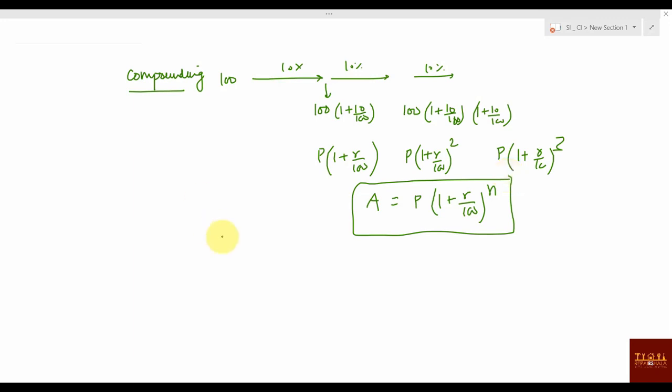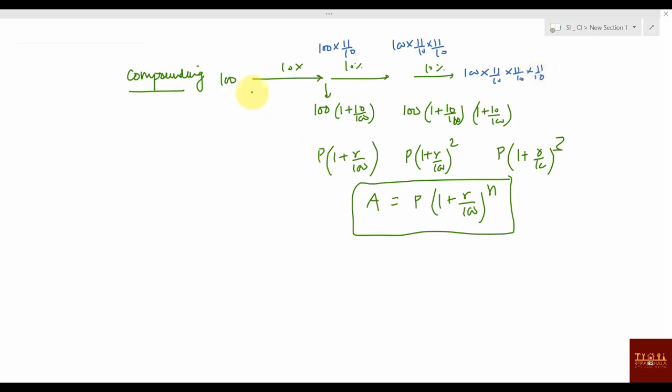Okay. Now, same thing. You can write 100 into 11 by 10, and then 100 into 11 by 10 into 11 by 10, or 100 into 11 by 10 into 11 by 10 into 11 by 10. Clear?